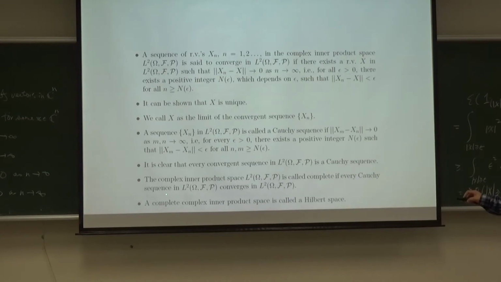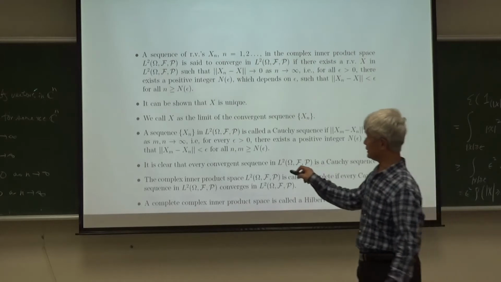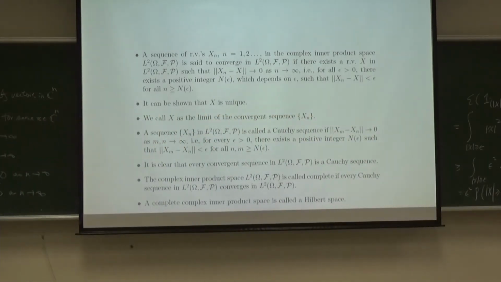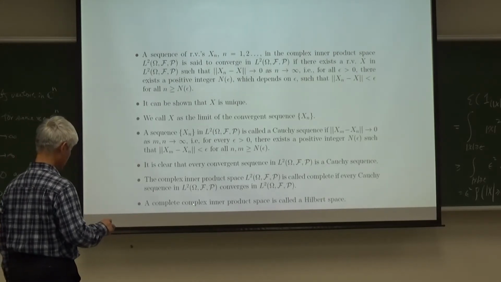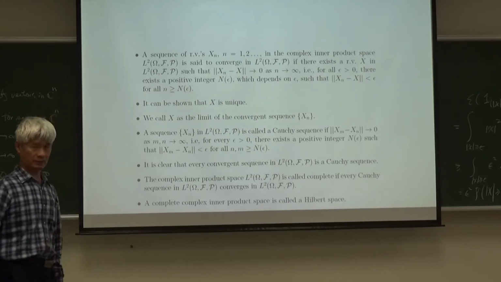If every Cauchy sequence in an inner product space converges in that space, then we call this complex inner product space complete. Now Rn is a complete inner product space, and we use this fact a lot in calculus, even in advanced calculus. This is the basic property of n-dimensional Euclidean space, because every Cauchy sequence converges. In mathematics, a complete complex inner product space is called a Hilbert space.